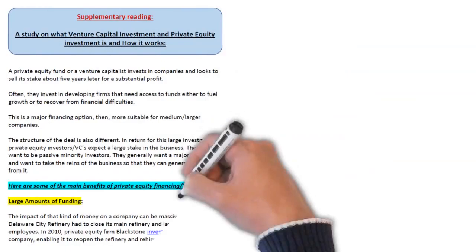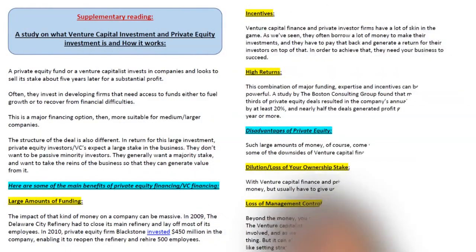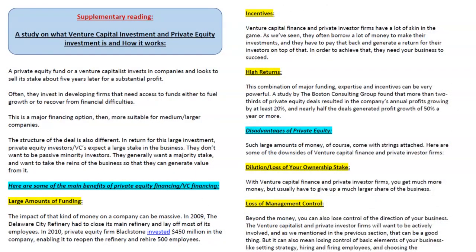Now, because we spoke about private equity investors and venture capitalist investors, it's important to address briefly what private equity and venture capitalist investment mean. So this is something that we have added as part of our pre-seen analysis for supplementary reading, just to give you some background information, which is important because it can help you shape the strategy and the thinking of our company.